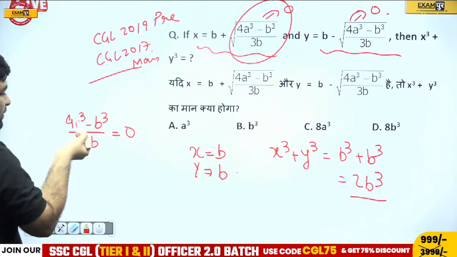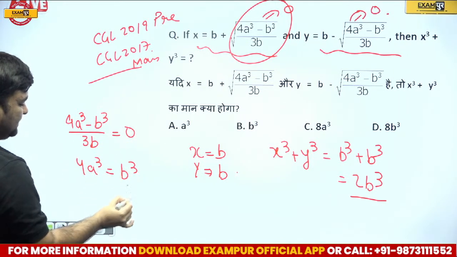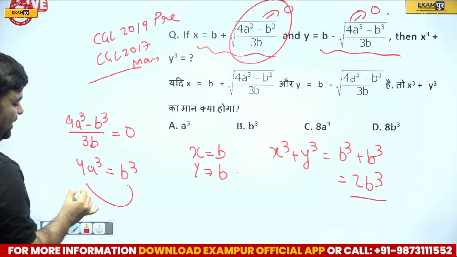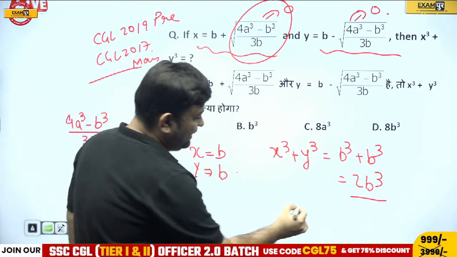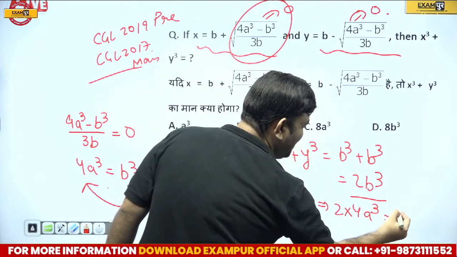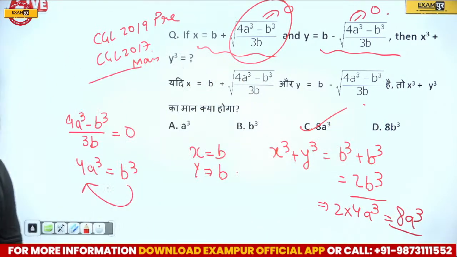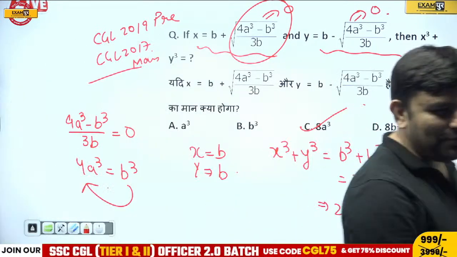So 0 means numerator is 0. 4a cube is equal to b cube. So I can replace b cube by 4a cube. Is it in the options? Please do see.